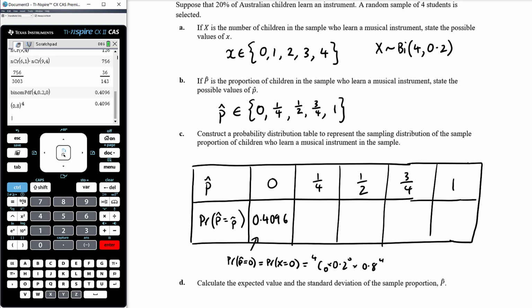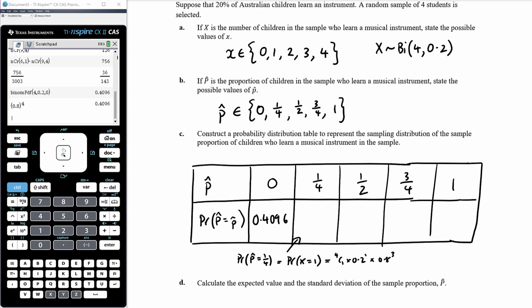Alright, and so then similarly, if we want the probability that p hat is equal to a quarter, that is the same as the probability that x equals 1. We get a proportion of a quarter if the number of students in the sample learning the instrument is 1. And so that is 4 choose 1 times 0.2 to the 1 times 0.8 to the 3.